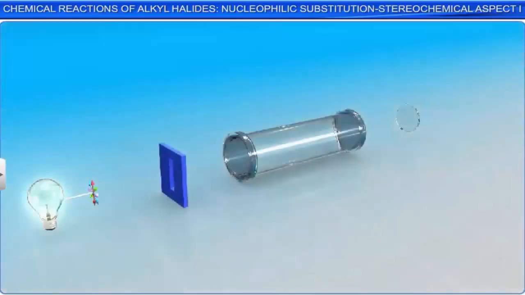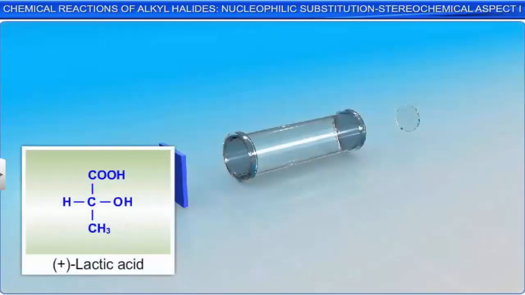For example, the lactic acid extracted from muscle tissue rotates plane polarized light to the right, and hence is known as dextro-rotatory lactic acid or plus lactic acid.